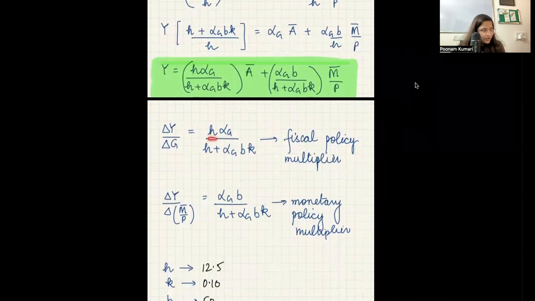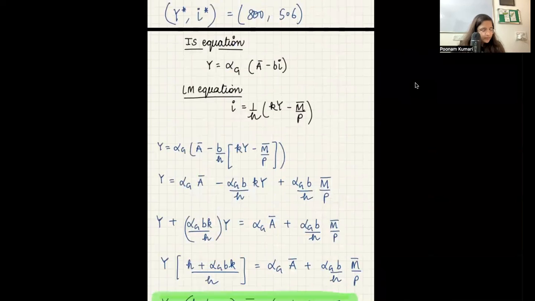And here there are H, B, K. What are H, B, K? So H is basically the coefficient in front of I, the interest sensitivity of money demand. K is the income sensitivity of money demand. ठीक है. And B is basically the interest sensitivity of investment demand.